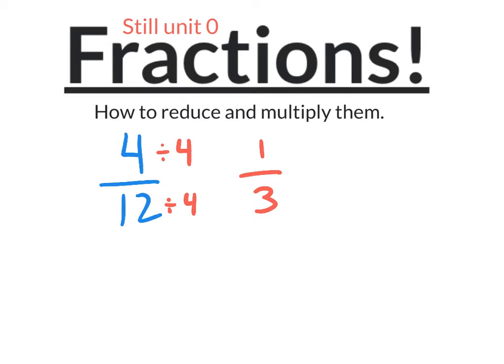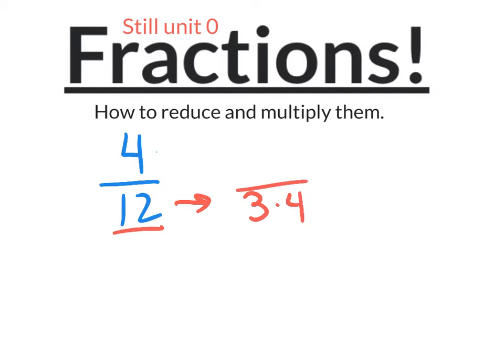Now, another way of looking at that is rewriting the 12 as 4 times 3. Let me erase what we normally do, dividing both top and bottom by 4, and rewrite the 12 as 3 times 4. Of course, the 4 is still up there. Then I can just cancel out the 4 with the 4.